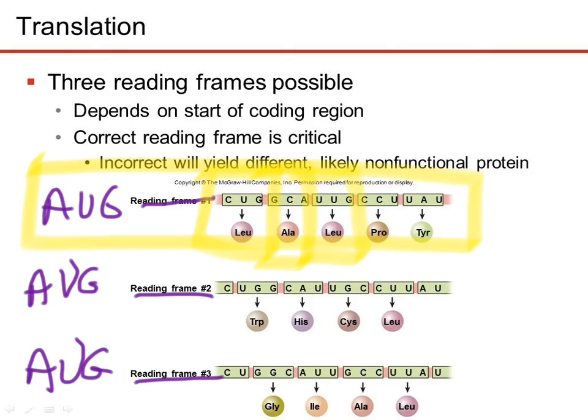But then when we go to the next part, if we assume that something has happened and we get a 1 nucleotide deletion somewhere here in the DNA, which results in a 1 nucleotide deletion in the RNA, then that shifts the reading frame. And what it does is it shifts the reading frame now so that we're getting these 3 nucleotides read as 1 codon.